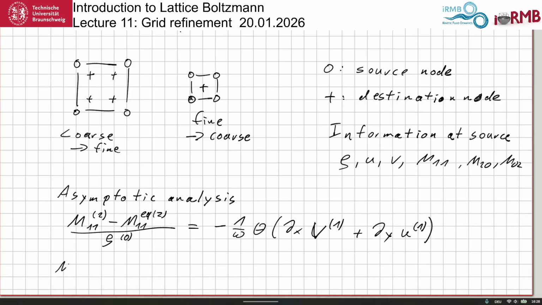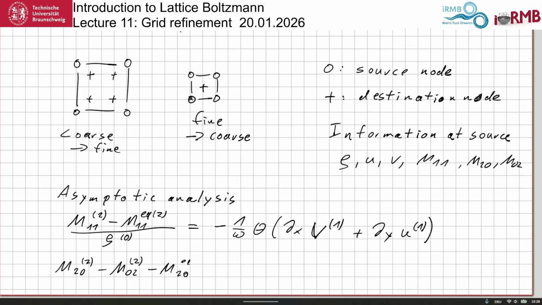And the other information that we are using is m20. So here again, we are interested only in the difference between these two moments.